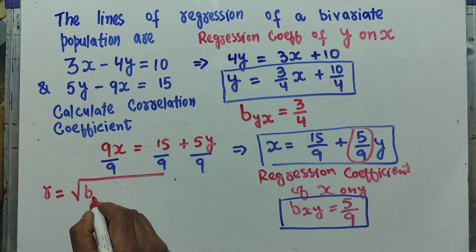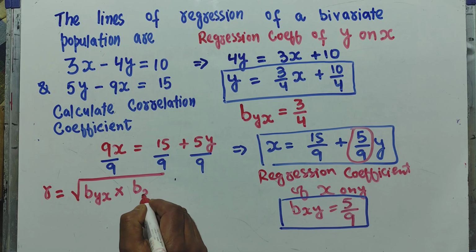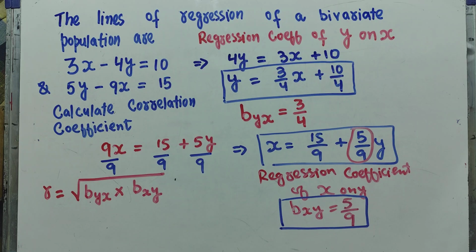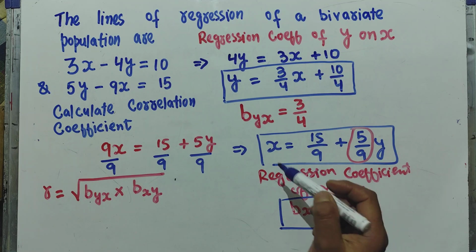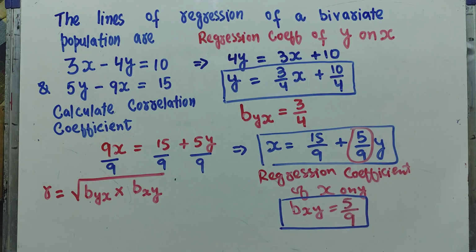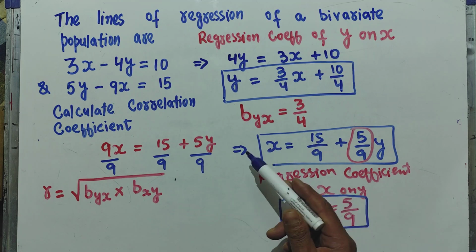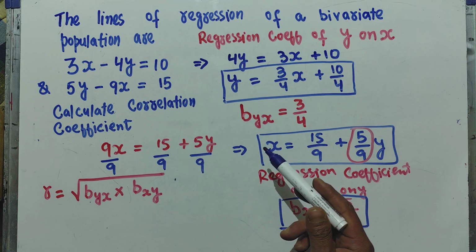So we have the square root of byx times bxy. I am saying that both the regression coefficients should have the same sign.